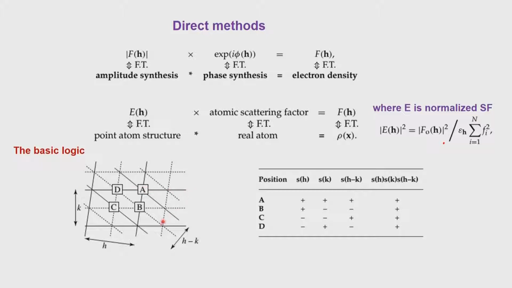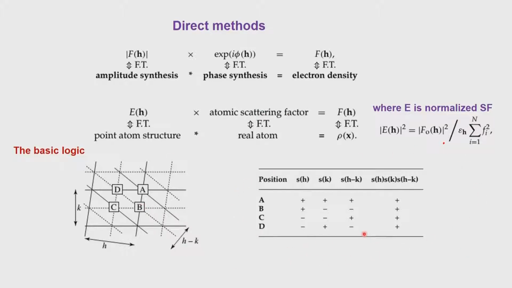You see, the dark lines here are the parallel planes, and the dotted lines between the parallel planes represent the halfway point. That means, if this is the distance at which Bragg's law is validated, and you now consider a cosine curve, for example, or a sine curve, the crest is at these points and the trough is at this point. The crest and the trough are identified as plus and minus by us in this particular table.